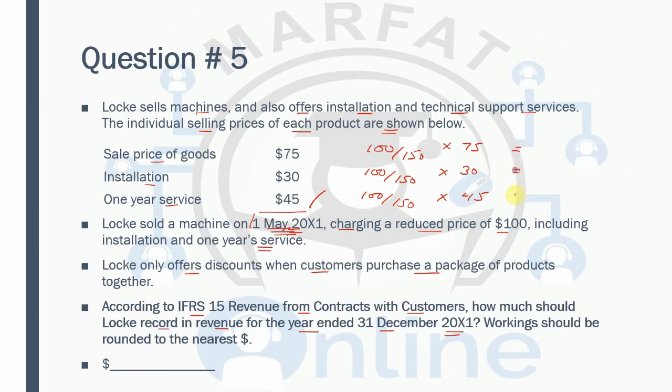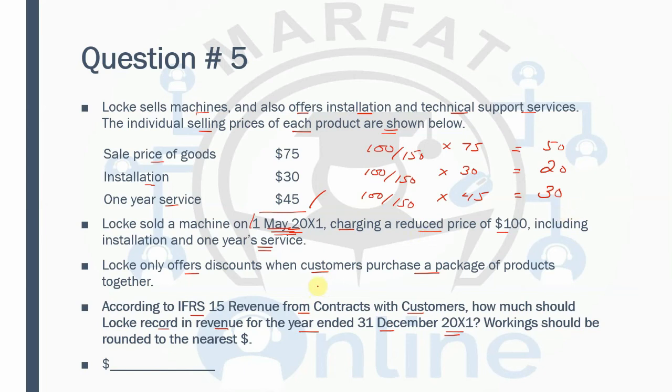So let's see what the discounted prices are. 100 divided by 150 into 75 is 50. Multiplied by 30, it's 20, and the remaining will be 30. So this is how we allocate the 100 transaction price.